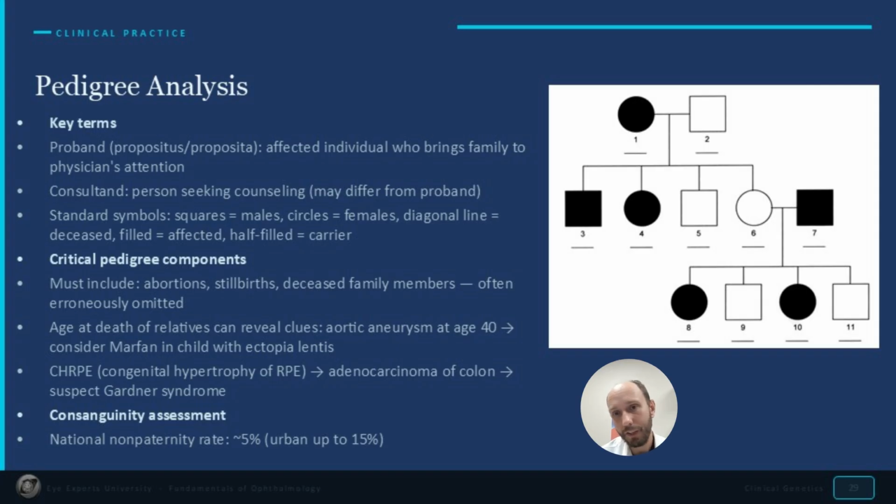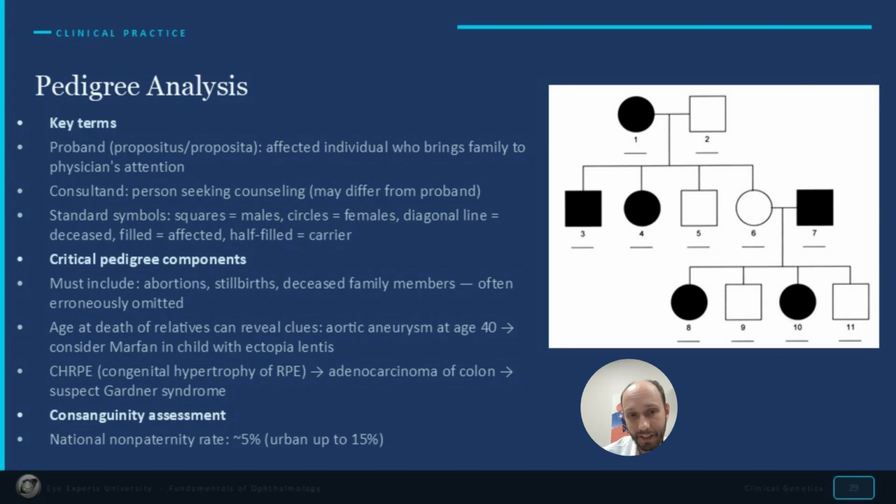Now, the important thing to know about these is that sometimes families are not the best historians. There are also aborted fetuses and stillbirths, so the more information we can get, the better. Now, remember, if there's a consanguinity event, which is a brother-sister marriage or kissing cousins, the chances of a genetic mutation really go up, especially for autosomal recessives, just because the probability of them carrying the same mutation is higher.